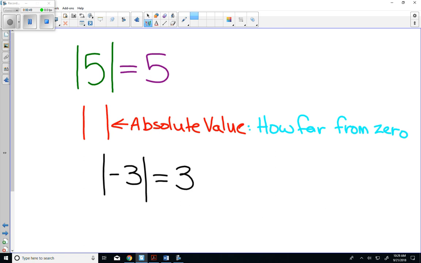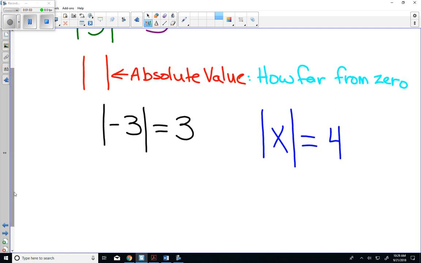Now, when you have the absolute value of x, and that equals some number, let's say 4, then that means x could be +4 and -4.